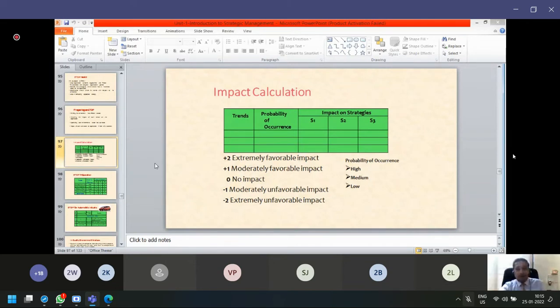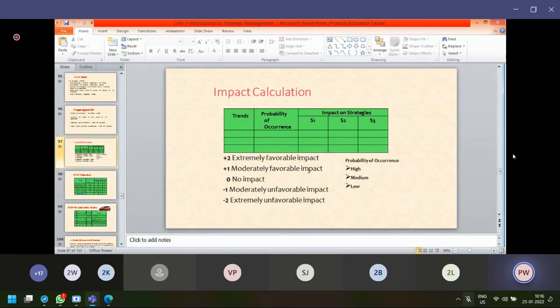So here below we have mentioned +2 is extremely favorable impact, +1 is moderately favorable impact, 0 is neutral, no impact, -1 is moderately unfavorable impact, and -2 is extremely unfavorable impact. And then we have listed the probability of occurrence. The probability of occurrence is in the form of high, medium, and low. So when we are writing probability of occurrence is high, that can be categorized into these two.